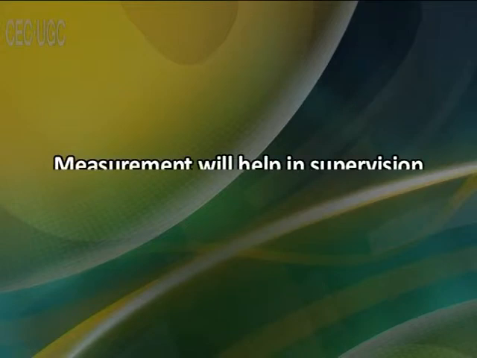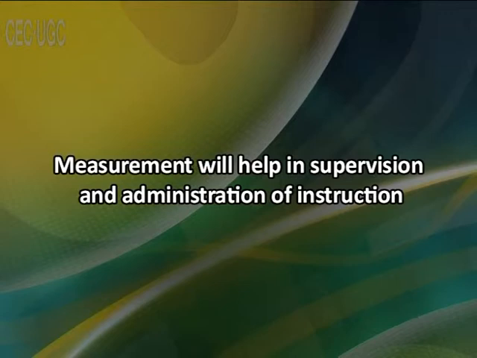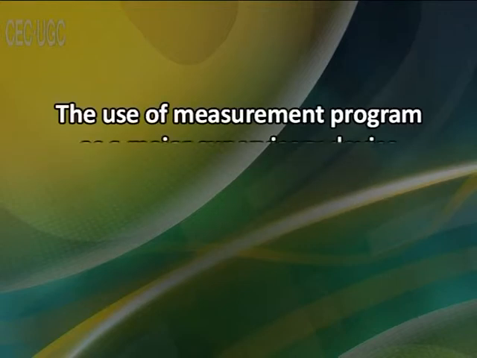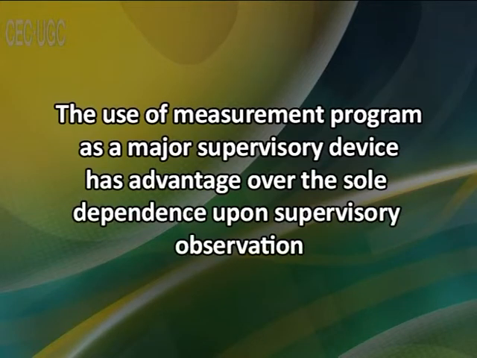Fifth, measurement will help in supervision and administration of instructions. The use of a measurement program as a major supervisory device has an advantage over sole dependence upon supervisory observation. Another function of supervision is coordination. This coordination is to ensure that various persons and groups make an effective contribution to the common purpose of the program.